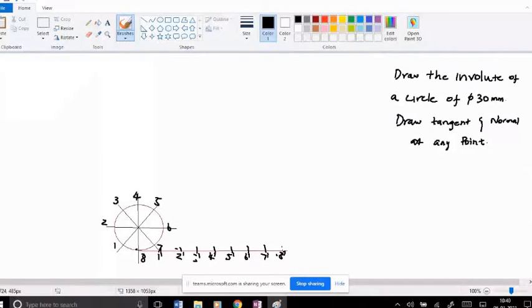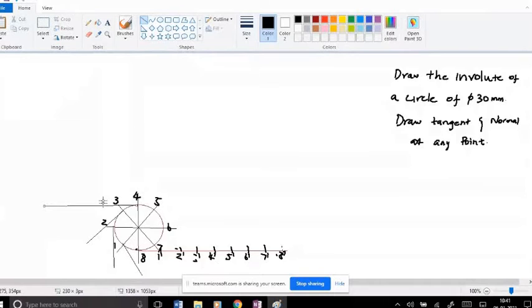So this is the next step. Similar to a tangent from point 8, we need to draw a tangent from all the points. From 1, something like this, from 2, from 3, from 4, from all the identified points we need to draw the tangent.